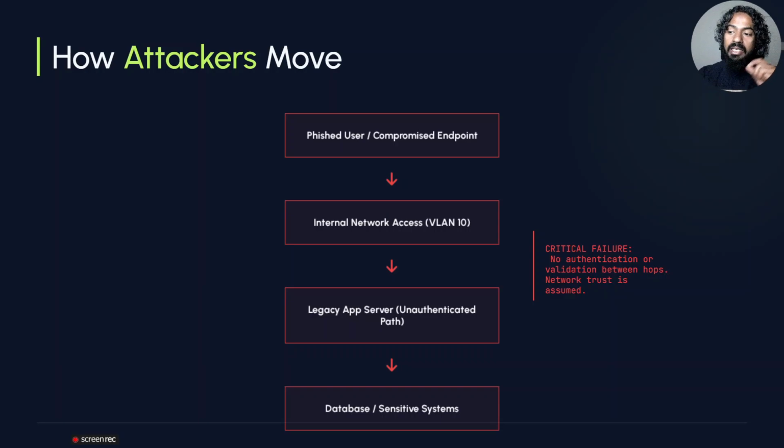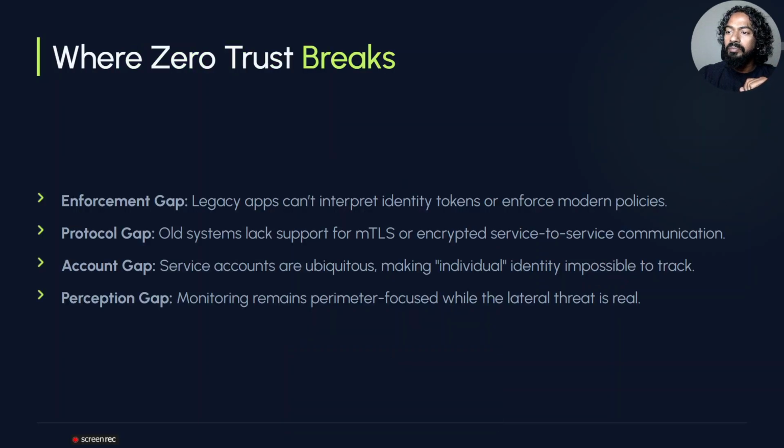So where exactly does zero trust fail here? Zero trust breaks because legacy applications cannot enforce identity. They don't support modern authentication because they're legacy. They don't support mTLS. Service accounts are shared across multiple systems, and the network is still treated as trusted.